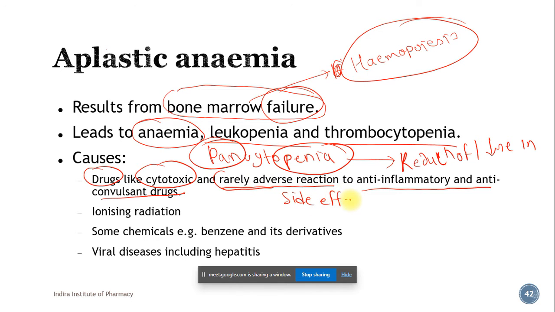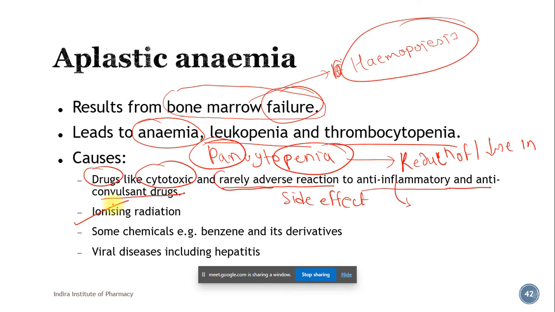Again it is rare, but it may happen that the anti-inflammatory drugs, that means the drugs which are used to treat pain, for example diclofenac, ibuprofen, then paracetamol, can cause aplastic anemia in very rare conditions.